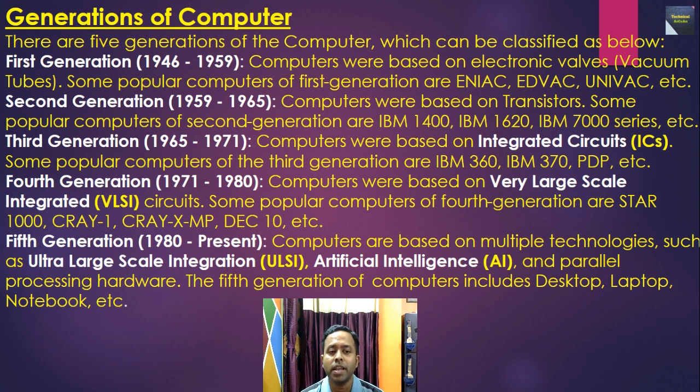Popular fourth generation computers are CRAY1, CRAY XMP, etc. And fifth generation computers start from 1980 to present, where computers are based on multiple technologies such as ultra large scale integration, ULSI, artificial intelligence and parallel processing hardware. Our desktop, laptop, notebook, etc. belong to the fifth generation of computer, right?